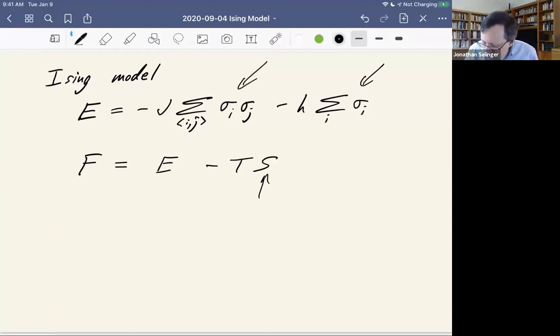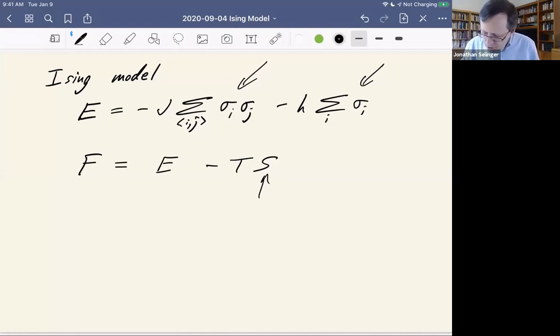It's not something that just depends on M by itself, because it includes what's happening between neighbors, and we need to know about correlations between neighbors.